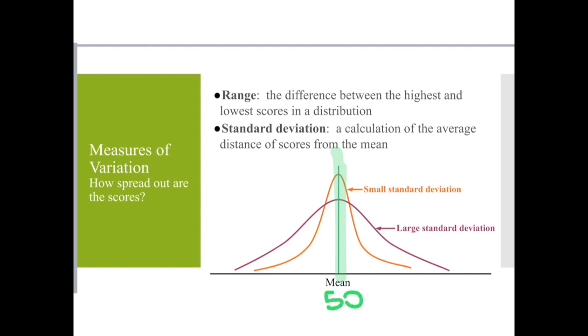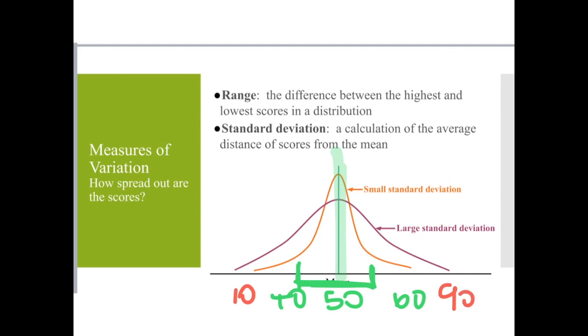How far scores differ from that mean, if it's not a lot, if all of the scores are between, say, 40 and 60, there's not a very big standard deviation. We don't vary from the mean all that much. On the flip side, a large standard deviation would be if we have scores of 10 here and scores of 90 here.